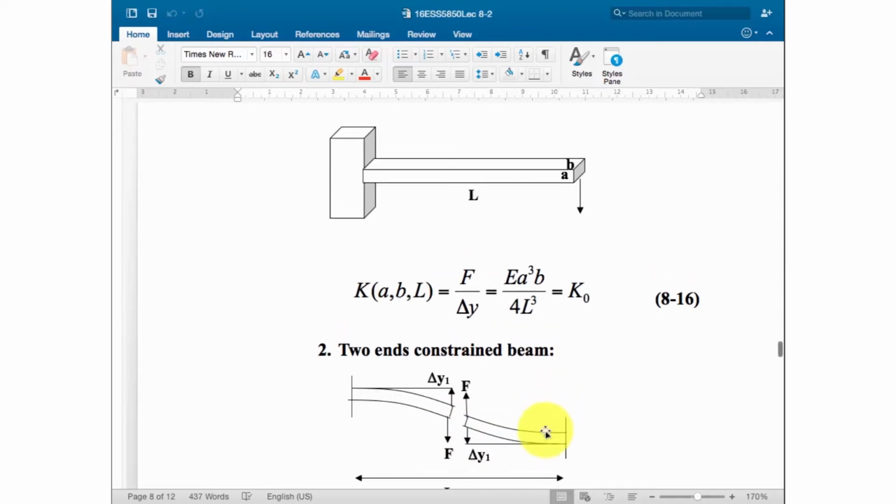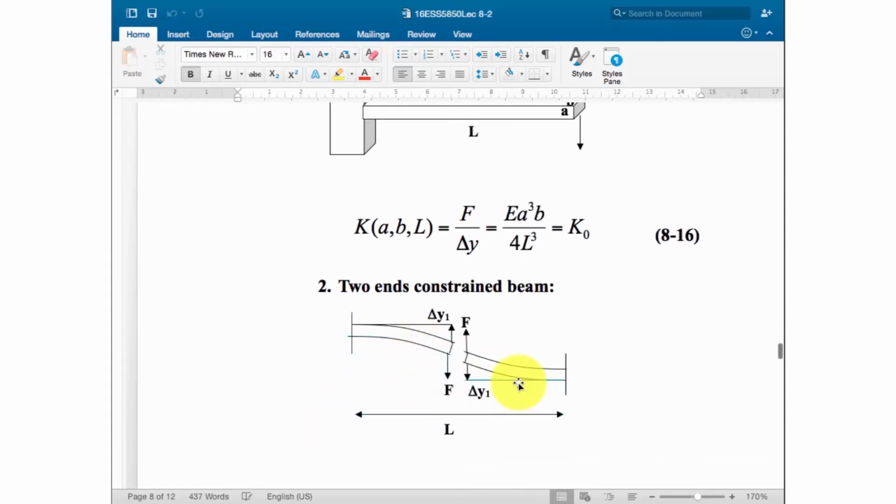So now you have two springs. If you connect this way, when you apply the same force F, you find out the deflection will be doubled. Originally, you have one cantilever, the deformation will be Y1. Now you connect the other cantilever with the same force. So the total deformation from this position to this position will be twice.